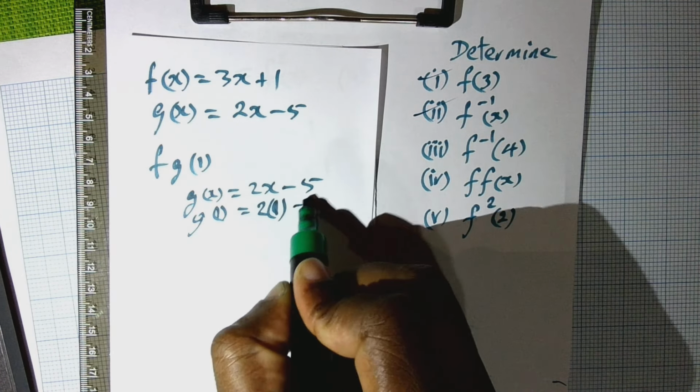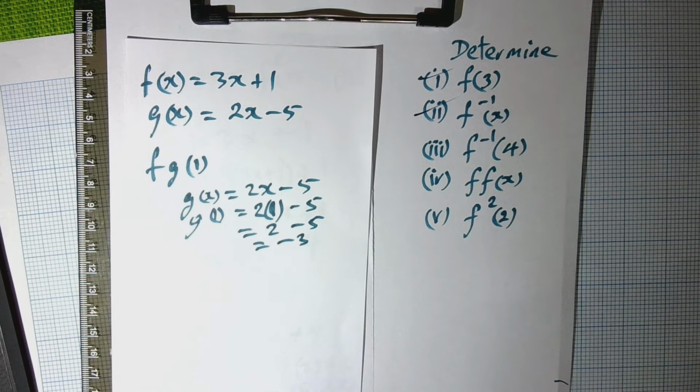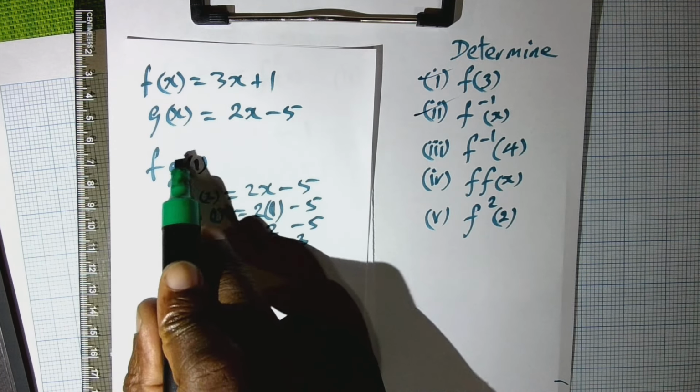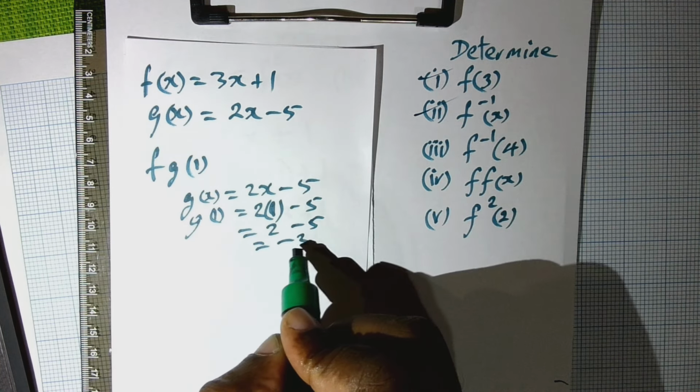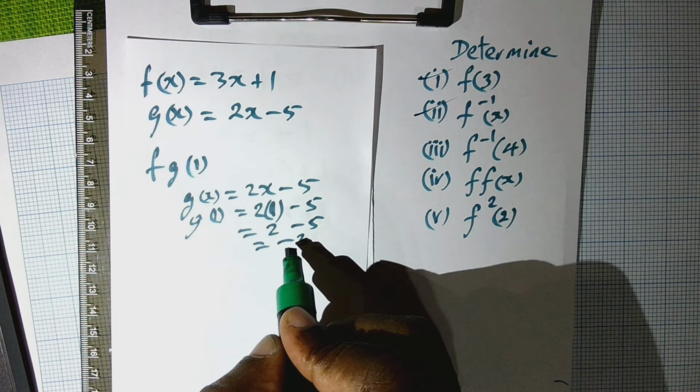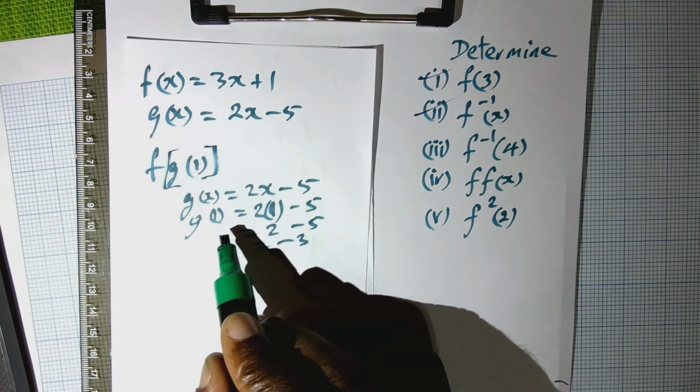Again, if we put 1 here, 2 ones are 2, and 2 minus 5 is negative 3. So we know that g of 1 is really what? Negative 3, correct? So we can replace g of 1 with negative 3, because g of 1 worked out to be negative 3.